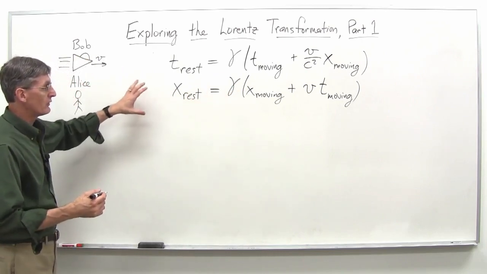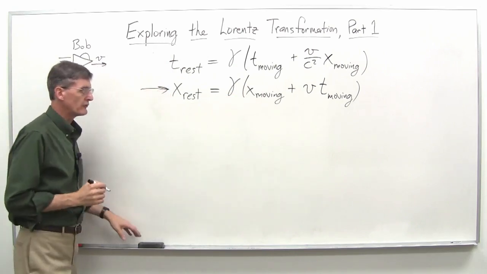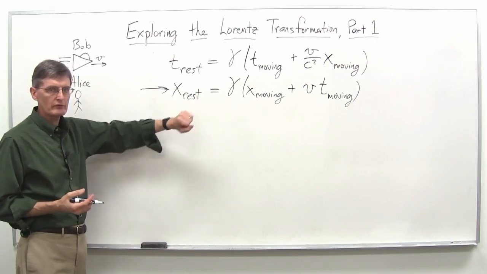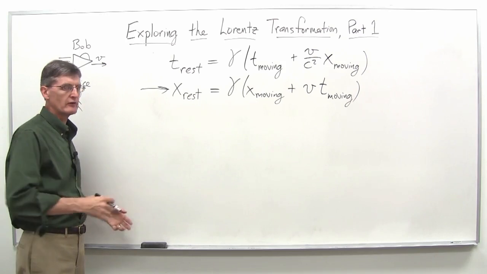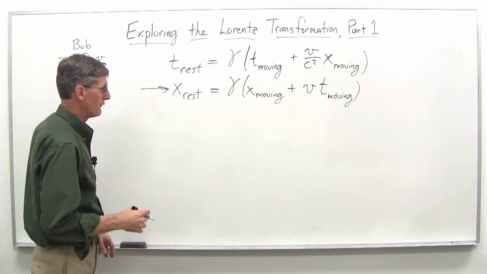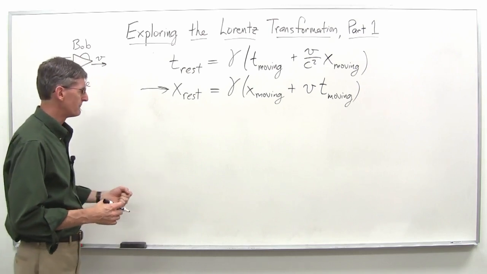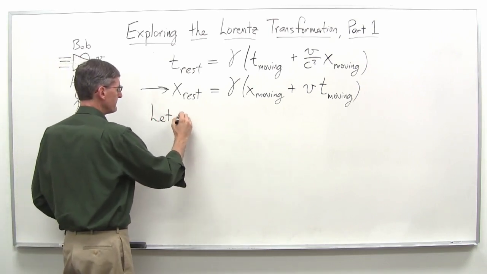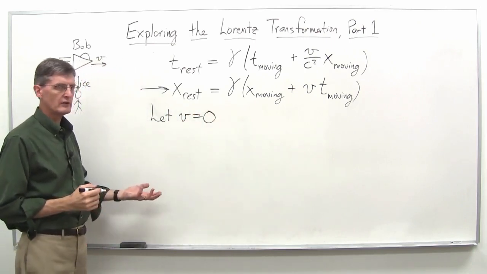Well, what we want to do in part one of exploring this is focus on this equation here and just see what happens when we put in some different values, and see if the results make sense based on our previous understanding of things like length contraction. So to start off, let v equal 0. What if the velocity is 0 here?